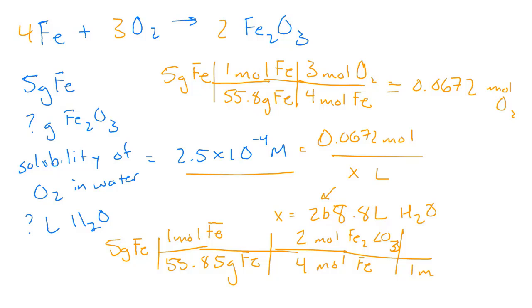It looks like we have 1 mole here. Let me just check what the molar mass is. I'm going to say it's 160, rounding it a little bit. 160 grams.